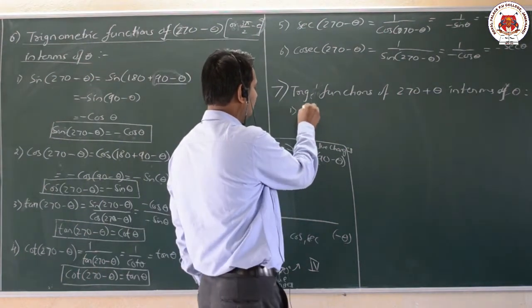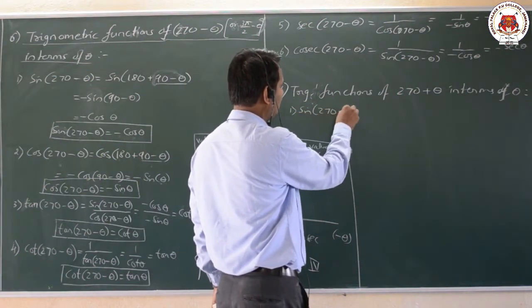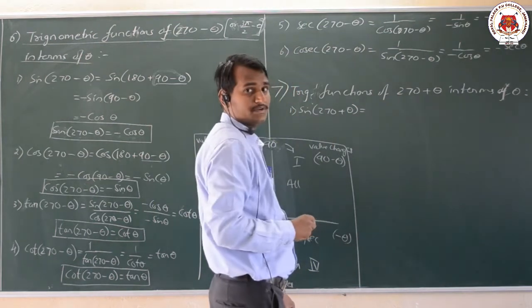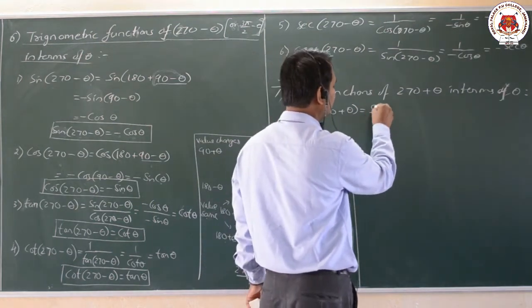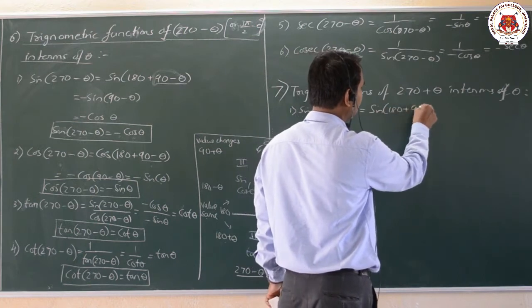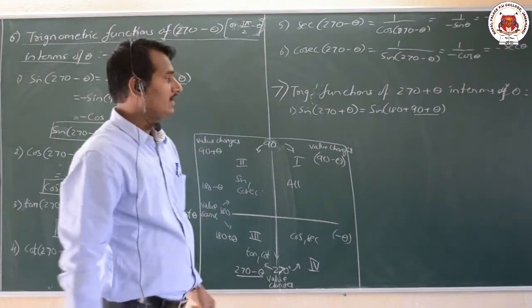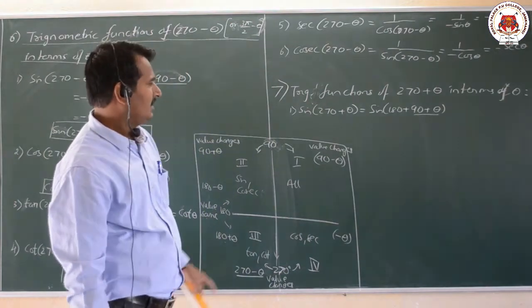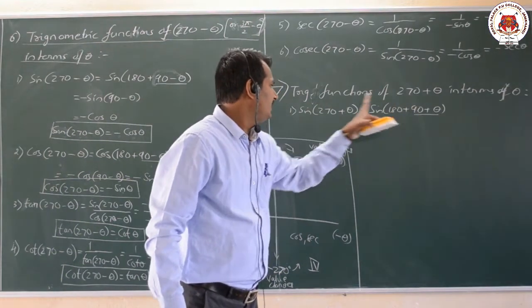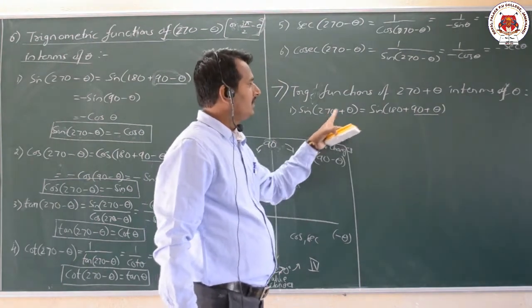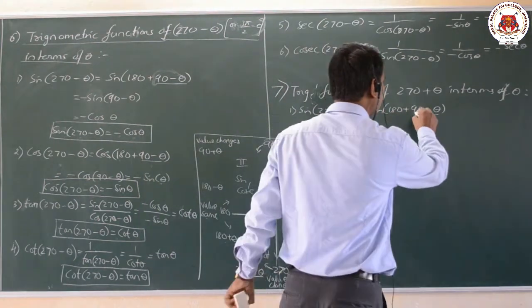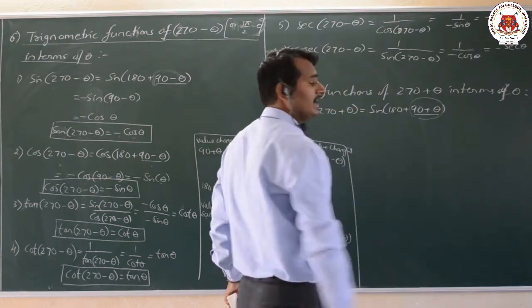The first one, that is sine of 270 plus theta. Sine of 270 plus theta means what I can write here? That is sine of 180 plus 90 plus theta. 180 plus 90, that is again 270. I will consider this whole thing as 180 plus theta.